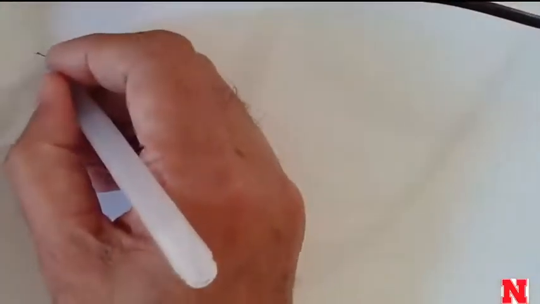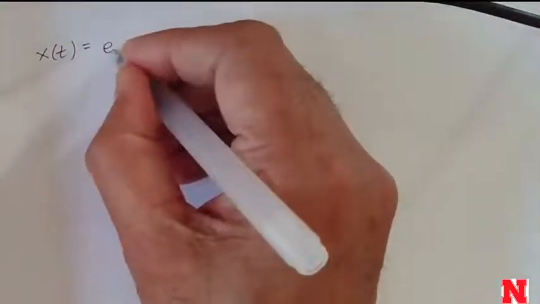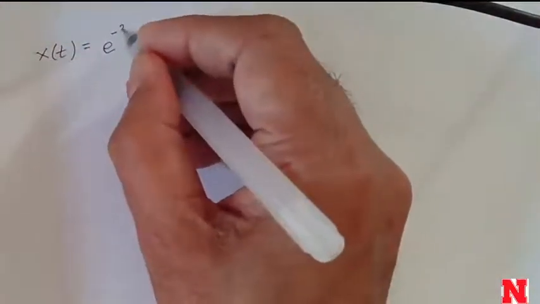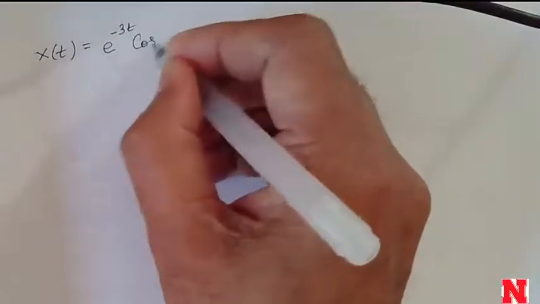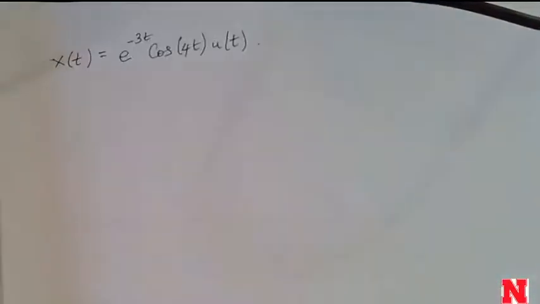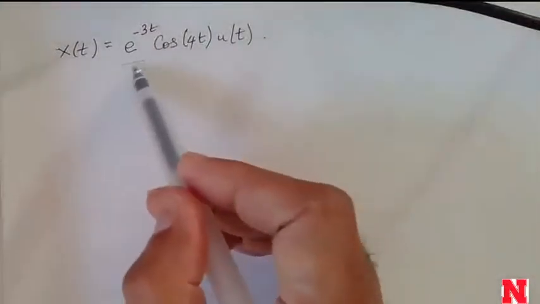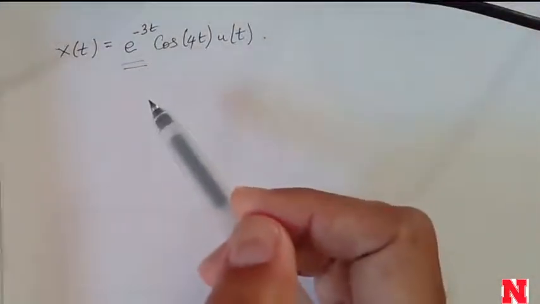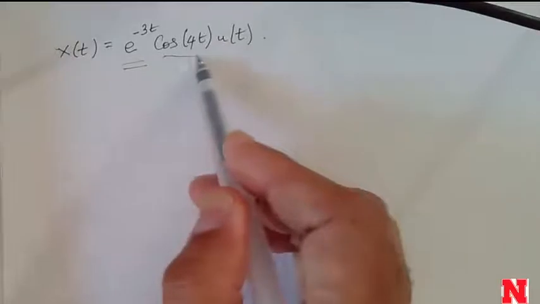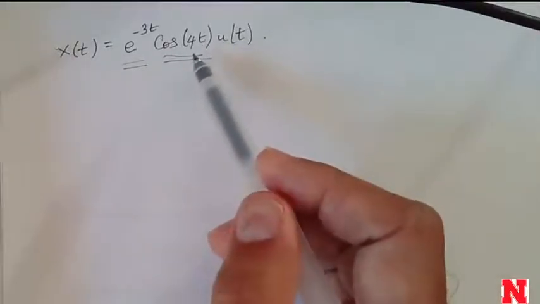Let's suppose I have x of t is equal to e to the minus 3t cosine of 4t u of t. Right? And initially it looks kind of different because we've been working throughout with exponentials, and now we have a sinusoid. But a sinusoid really is just a bunch of complex exponentials, right?